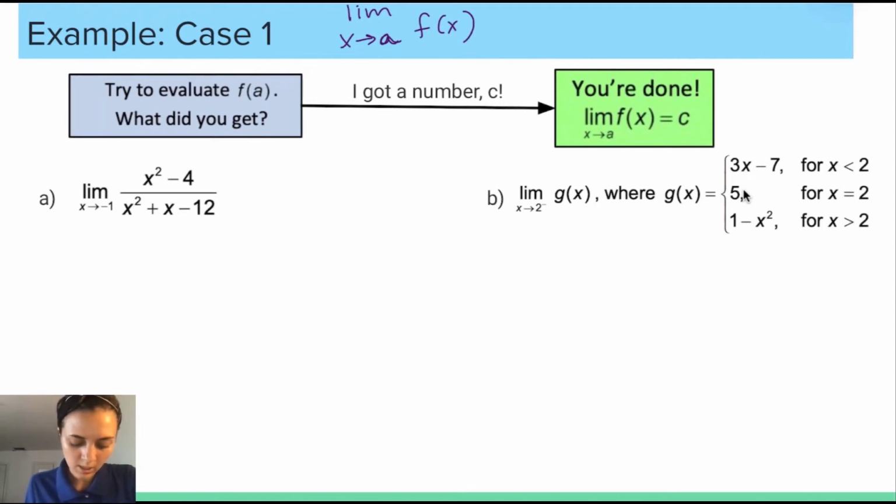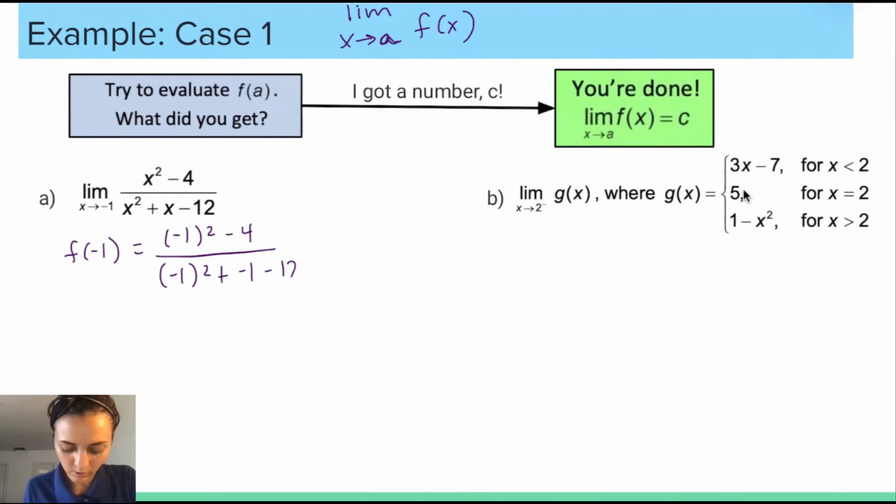So here, the limit as x approaches -1 of this big function, I'm just going to try to evaluate f of -1. So f of -1 will equal (-1) squared minus 4 over (-1) squared plus -1 minus 12. Just a quick algebraic note, you probably noticed that I put the -1 in parentheses when I was squaring it.